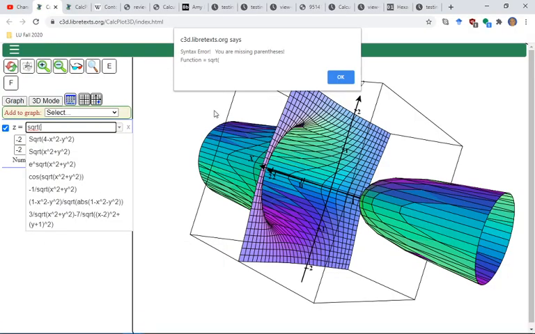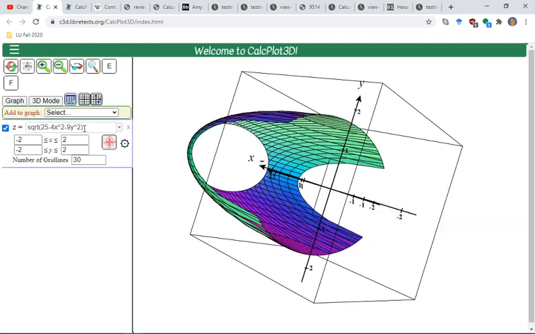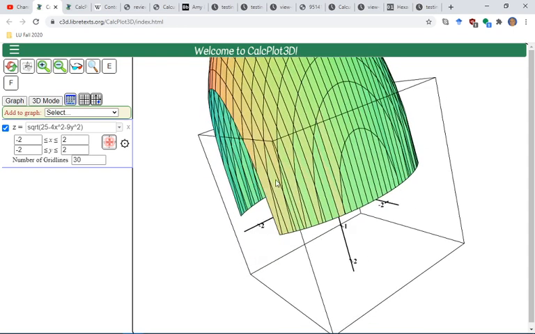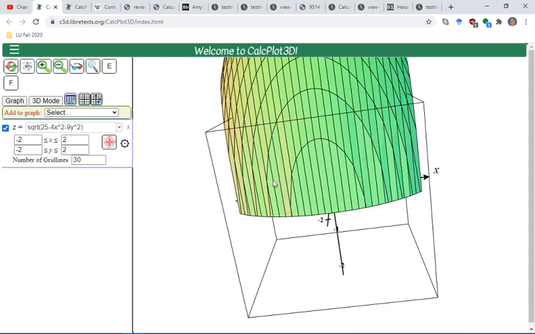So I'm going to write 25 minus 4x squared minus 9y squared. Okay, this is restricting it inside of that box, but let's see if we can expand it a bit more.